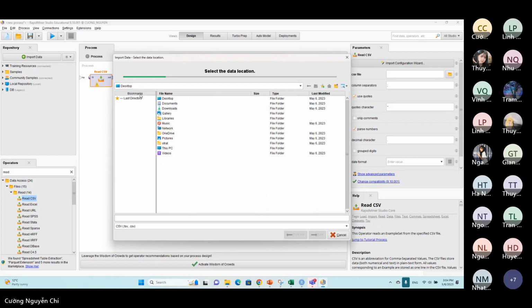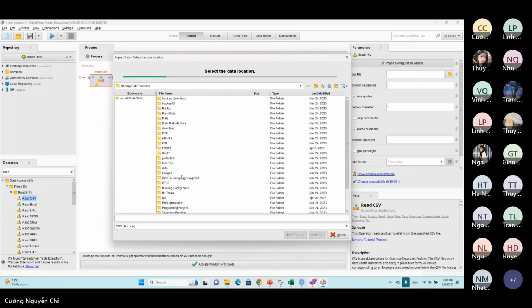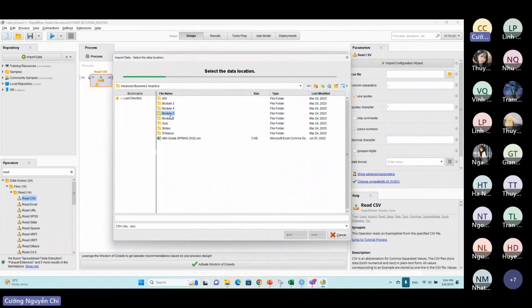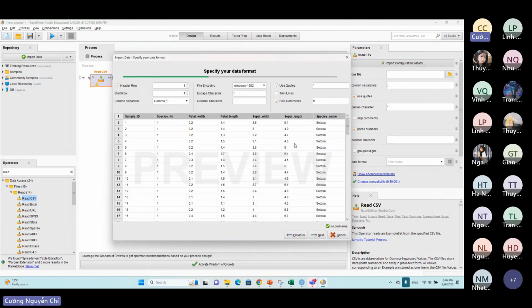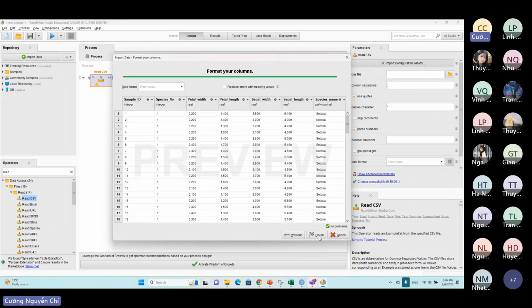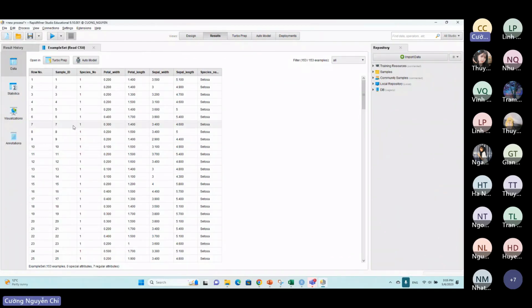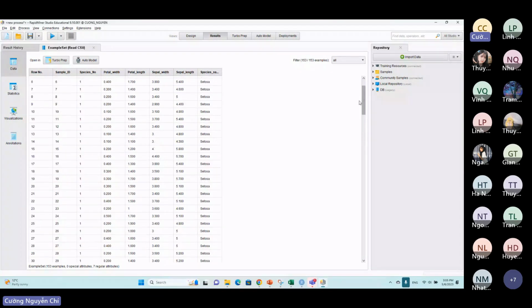Actually, not my computer, this PC, and it's saved on my computer in UK, advanced data analytics, module homework, full data. Okay, so this will be the way we put data into the system. You will see it all in detail. Bring it, run it, and you can see how it can be copied and saved into RapidMiner.